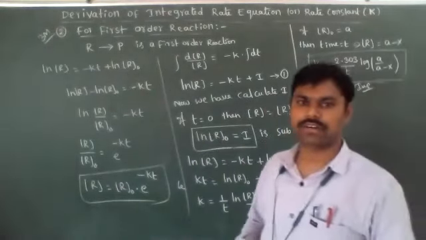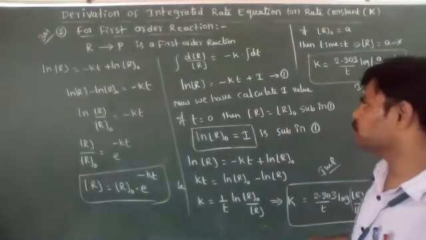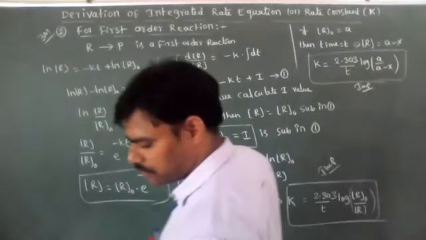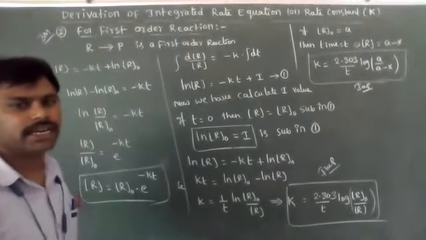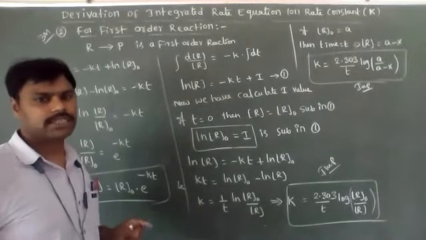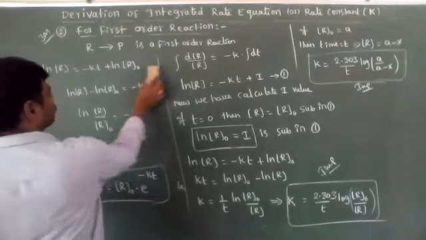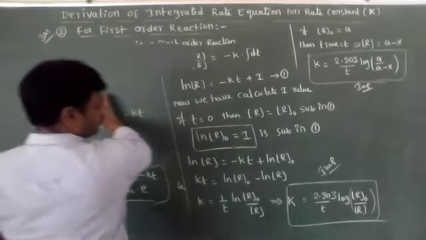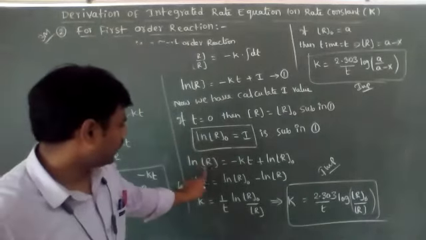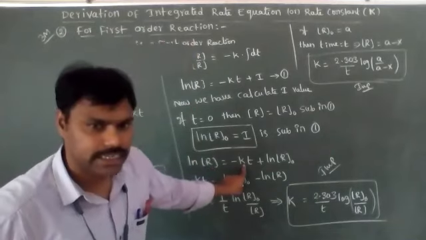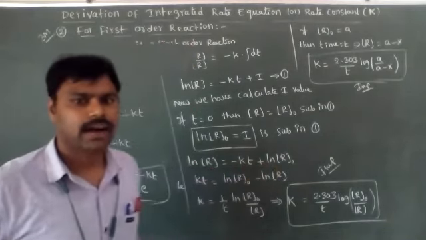Now we need to discuss important graphical representations for a first order reaction with respect to reactant concentration and time. Consider the equation ln R equals minus kt plus ln R naught.